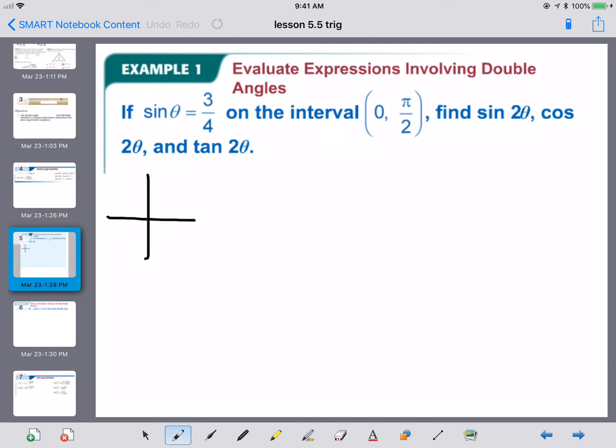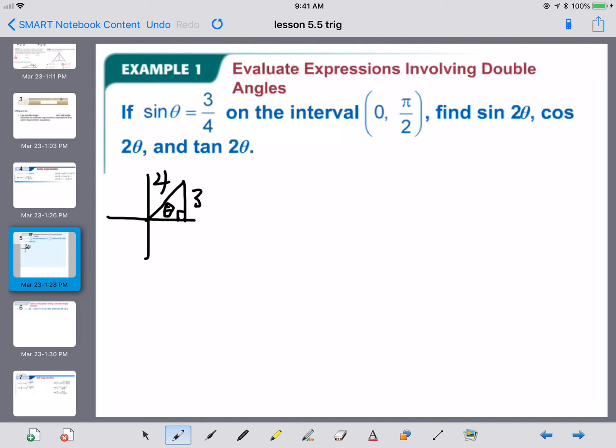If you recall, if we are on the terminal side of an angle in the first quadrant, we can draw the little triangle in there. Theta is always a connection from that point to the origin, and theta is always closest to the x-axis and that hypotenuse. If the sine is 3/4, we know our opposite is 3. We know our hypotenuse is 4.